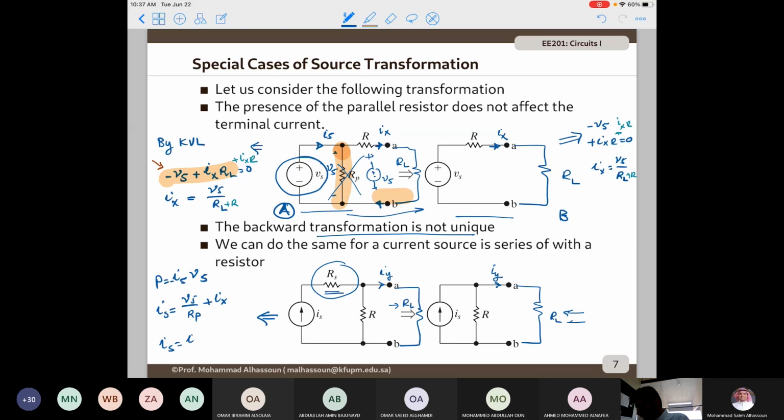IS will be IX. So you see there is a difference in current. So the power is not going to be exactly the same. So if you want to calculate the power, then you should go back to the original circuit. You cannot use the simplification. But if you care about the voltage or the current, you can use the simplified version.